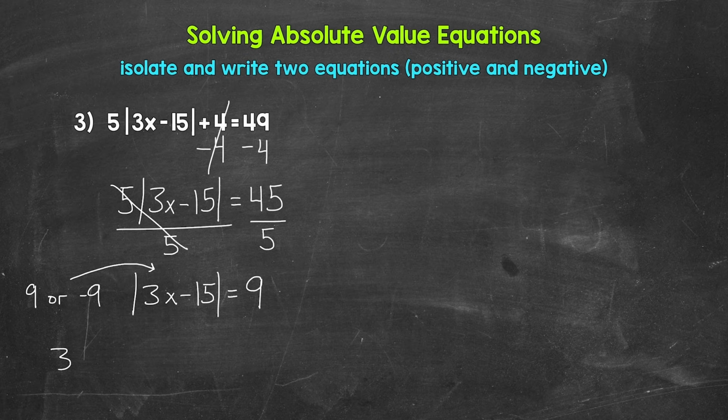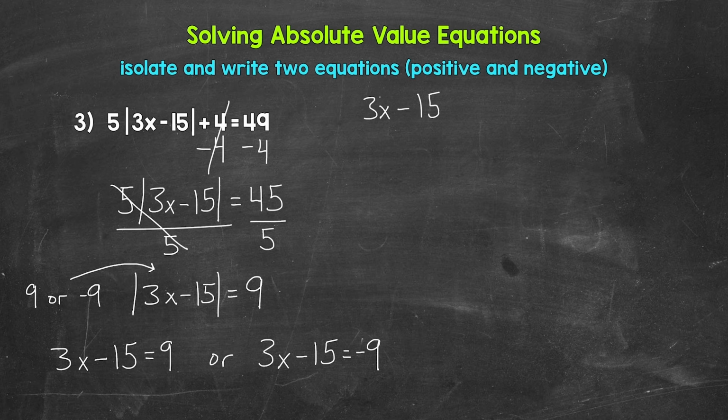We have 3x minus 15 equals 9, or 3x minus 15 equals negative 9. So let's come to the side here where we have more room and solve these equations.